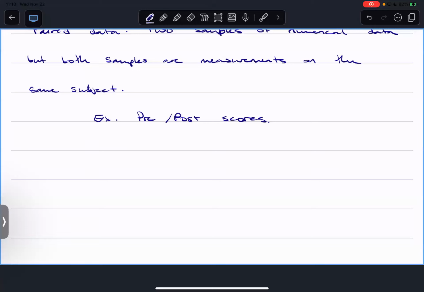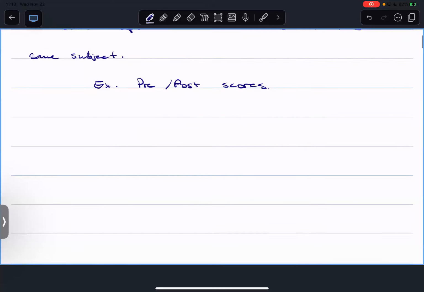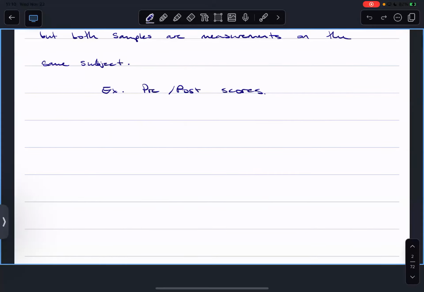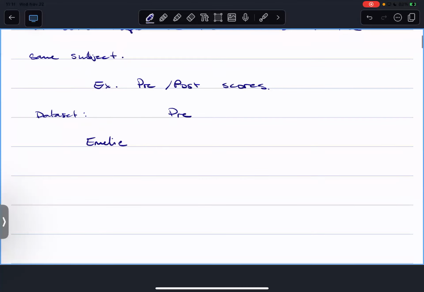You've got a pre column. So in terms of your data set, your data set is going to look something like this. So Emily wrote the test and my pre-score was 60% and my post score was, hopefully I improved, 80%.